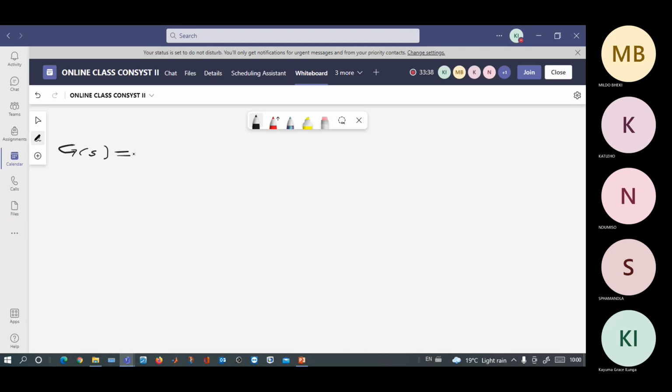This must be equal to V_C(t) over V(t). So this is what they're asking us to solve.